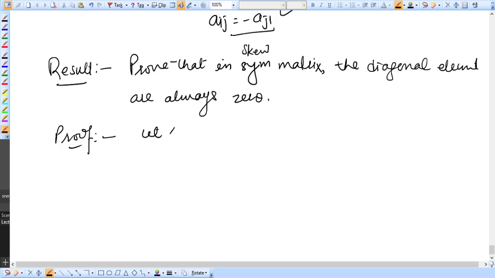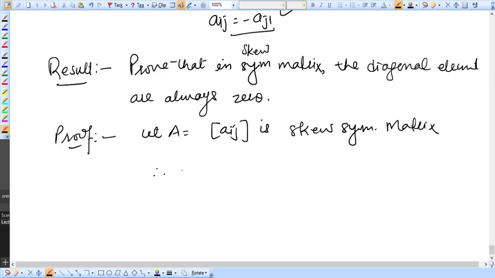Let A = [Aij] be a skew symmetric matrix. Therefore, Aij is equal to minus Aji.